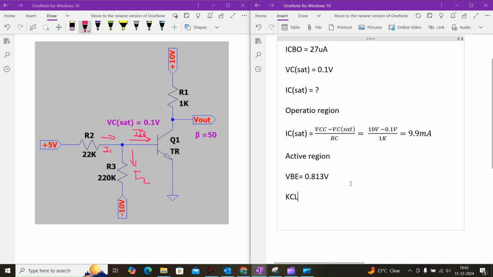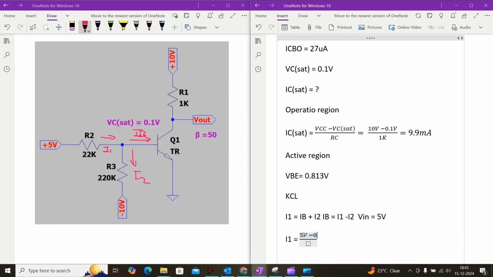If we apply the KCL rule, I1 is equal to IB plus I2. That means IB is equal to I1 minus I2. And here we are considering Vin as 5 volt. So that current I1 is equal to 5 volt minus 0.813 volt divided by 22 kilo ohm, which is equal to 0.19 milliamps.